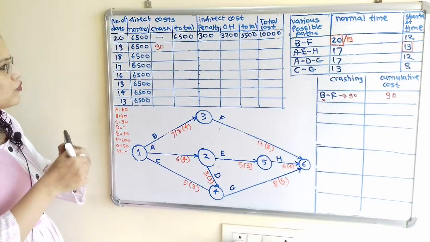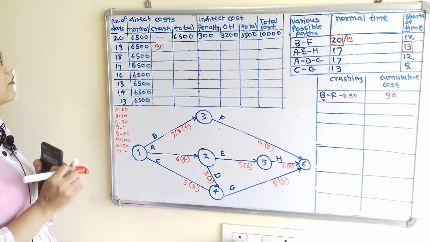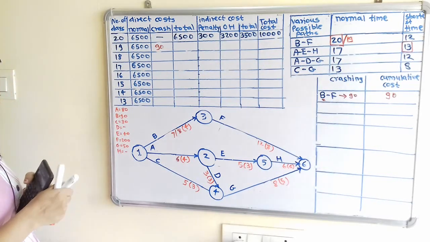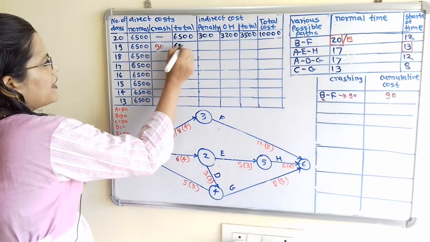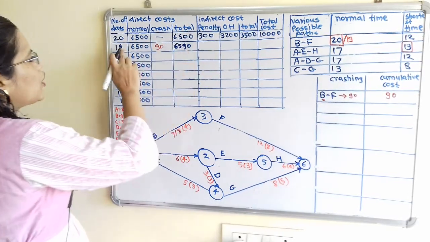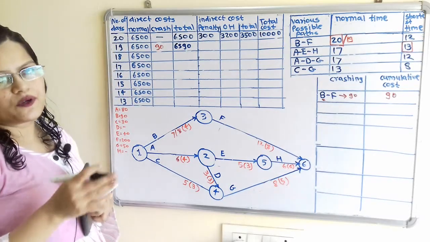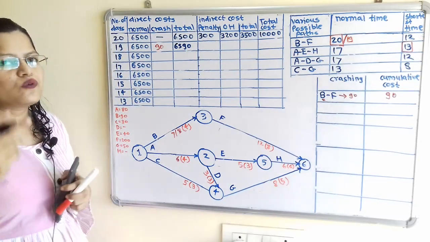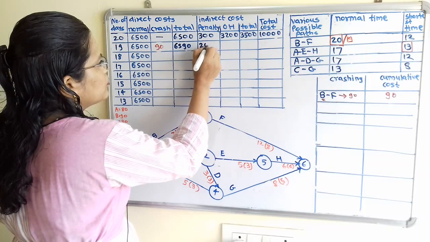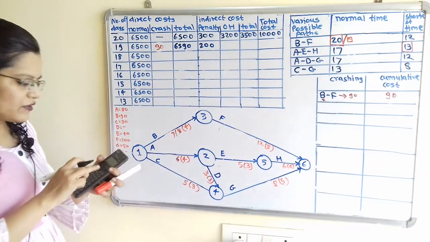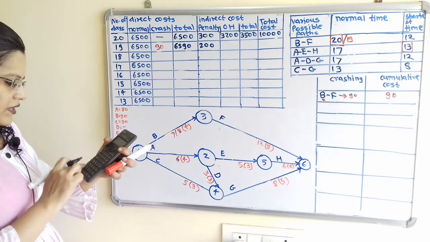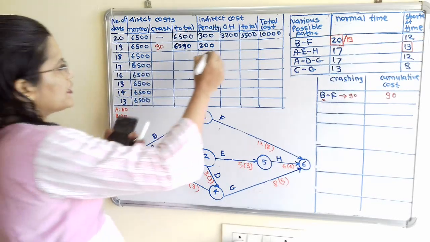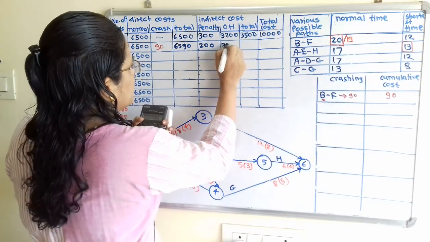So again we have to make the calculation. So what is the total cost here? 6500 plus 90, 6590. So penalty cost, when we complete the project in 19 days, then 2 days extra, penalty cost is 200. What is the overhead cost? 160 multiplied by 19, that is 3040.